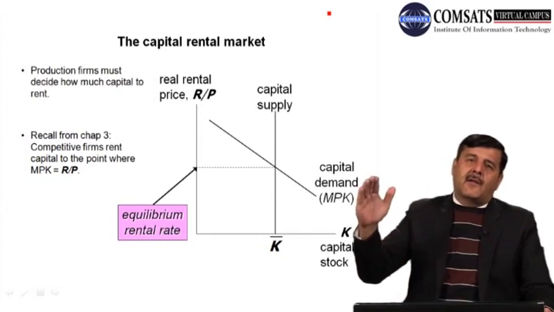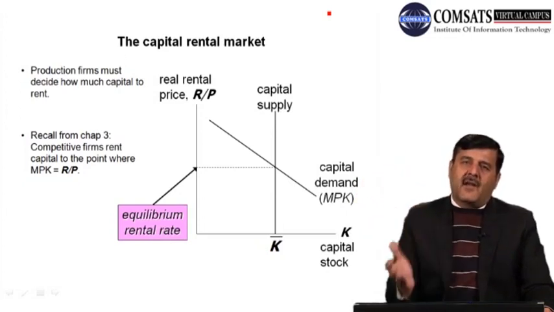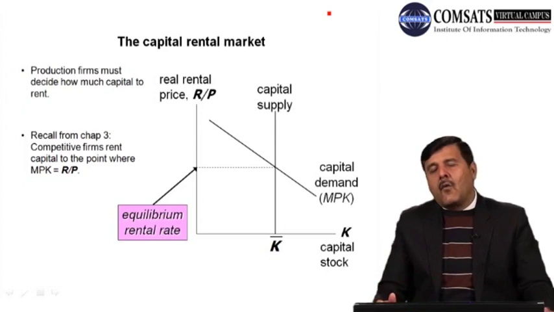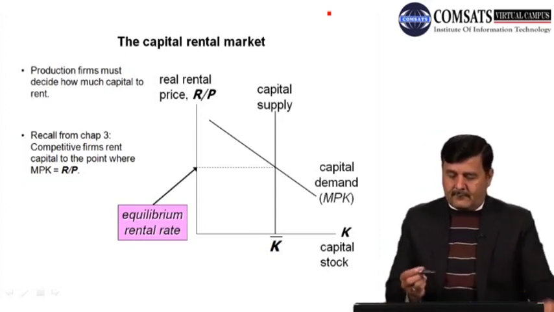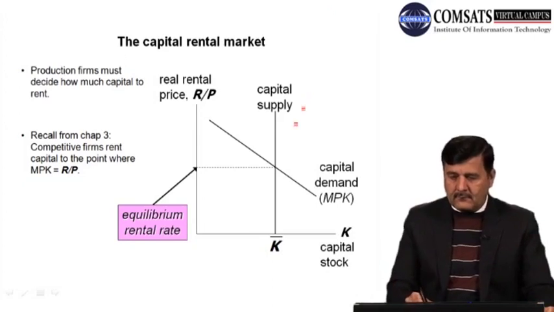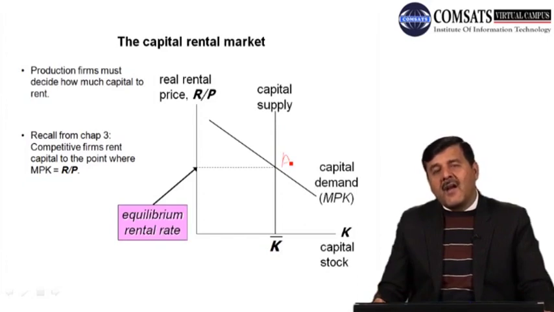If the price of capital, which is the rental price or the rental cost, goes up, its demand will go down, right? So the demand curve of capital is negative, which is the marginal productivity also. Both of these two curves, the supply curve and the demand curve, are intersecting each other at a point, at point A. Now point A is the point where the demand of capital is equal to the supply of capital.